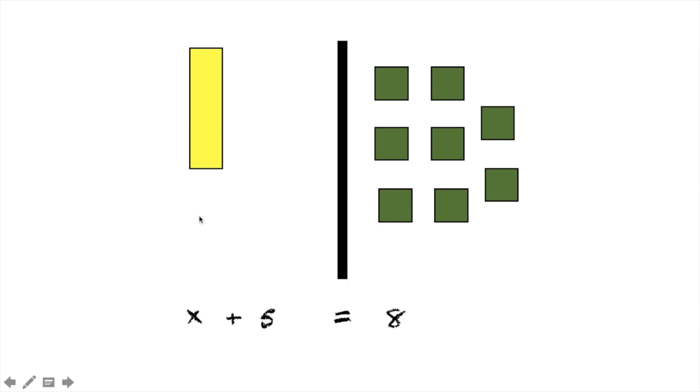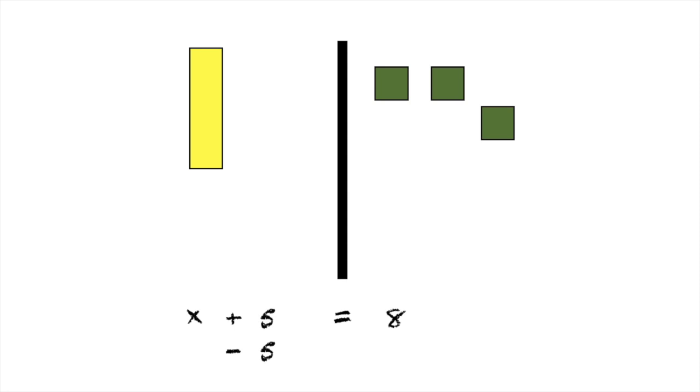If I take away 5 units from the left side, and at the same time take away 5 units from the right side, then it will still be balanced, and the left and the right sides will be equal. So we have 5 minus 5, that's equivalent to 0, and 8 minus 5 will give us a 3. So that means we are left with X is equal to 3, which is what we thought to begin with.